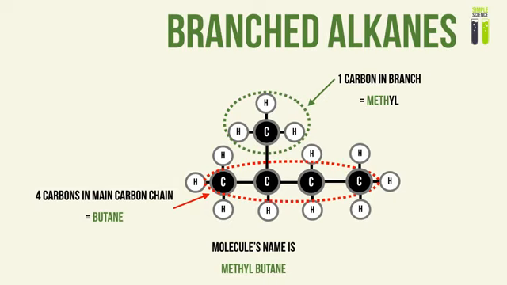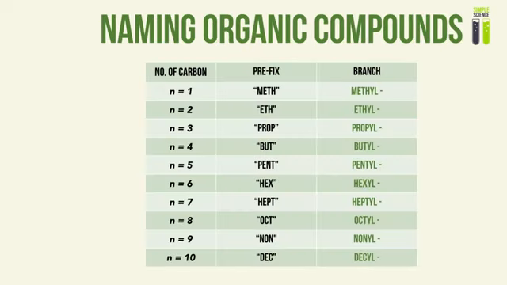Similarly, we have a situation where there is also a branch of 1 carbon atom, but we have 4 carbon atoms in the main carbon chain. The main chain's name would be butane, and the molecule's name combined is methyl butane. Back to the chart again.